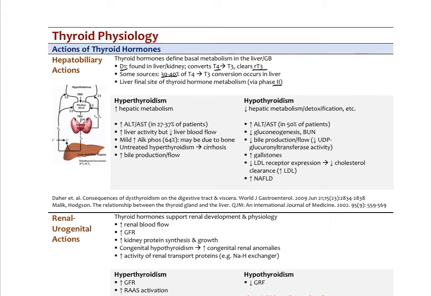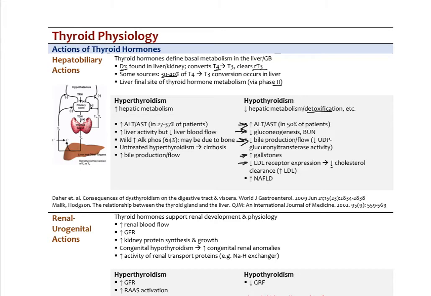T3. So in hypothyroidism, we often see decreased hepatic metabolism, detoxification. We're going to see increased liver enzymes in up to 50% of our patients with hypothyroidism, decreased gluconeogenesis and BUN, decreased bile production and flow, and as a result of that, we don't clear a lot of our other hormones or cholesterol adequately, and as a result of that, we might see increased gallstones, and then decreased LDL receptor expression.